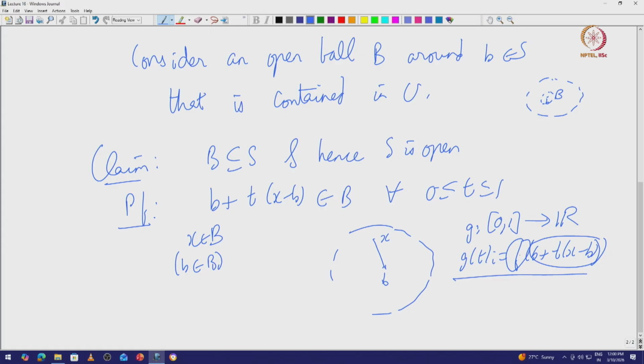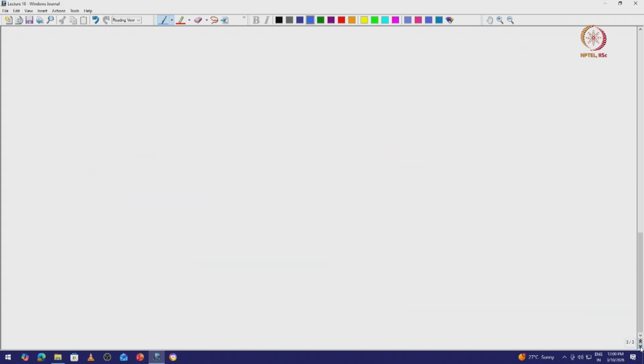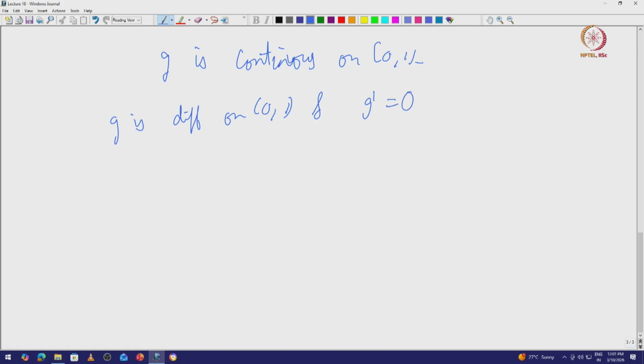So this function g is continuous in its own right. g is differentiable on (0, 1), and the derivative of g is 0.